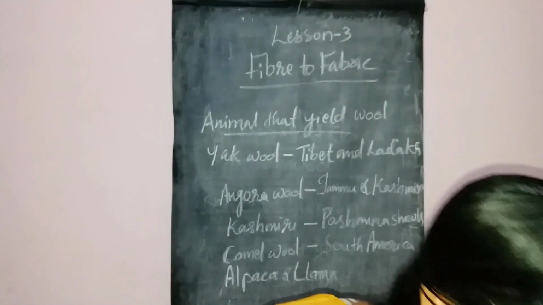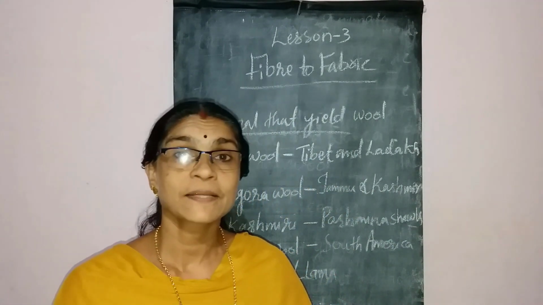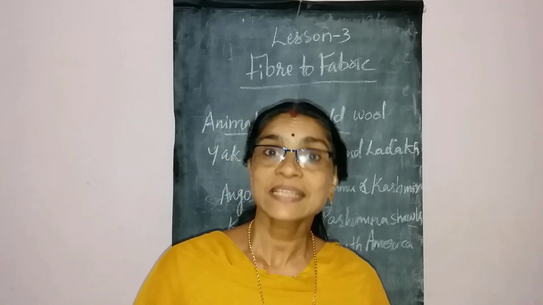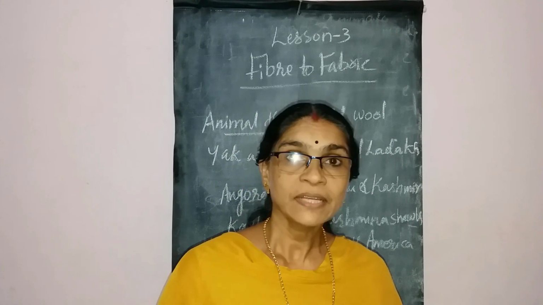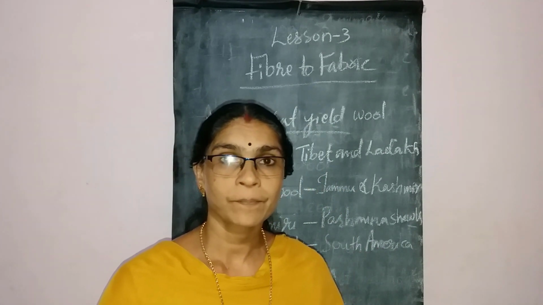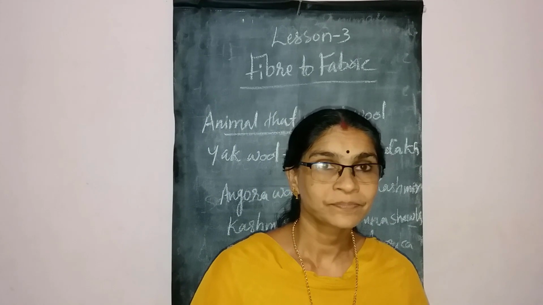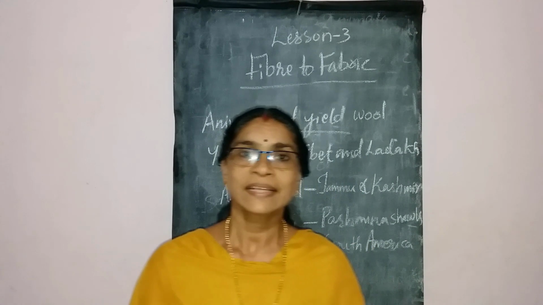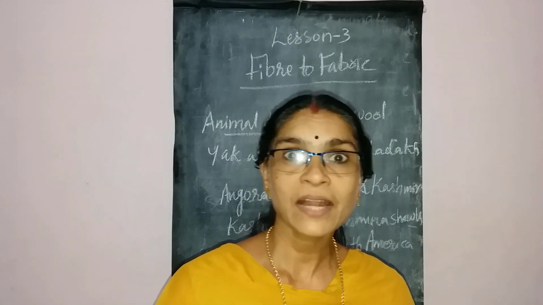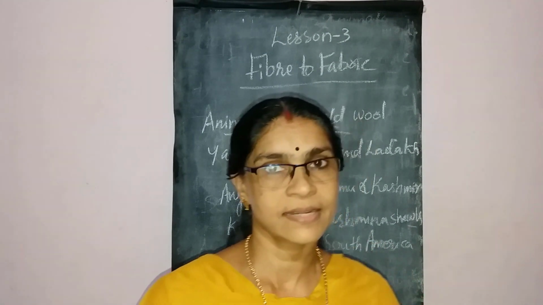Here are some assignments for you. You have to collect pictures of animals that provide us wool and paste them in your scrapbook. If you are unable to get the pictures, you can draw some pictures. Some pictures are given in our textbook also. Okay. One more assignment. Find out the words for sheep, goat, camel and yak in local languages and also in other languages in our country.